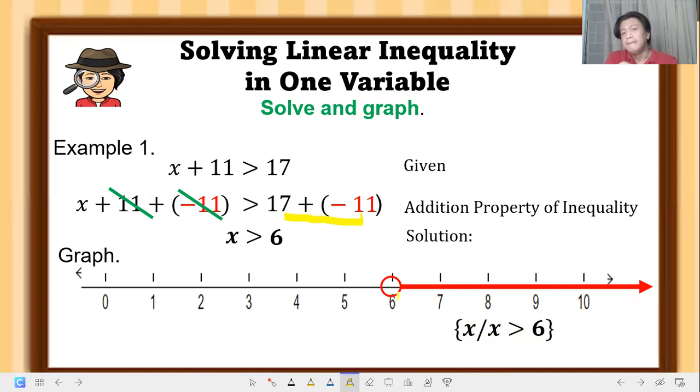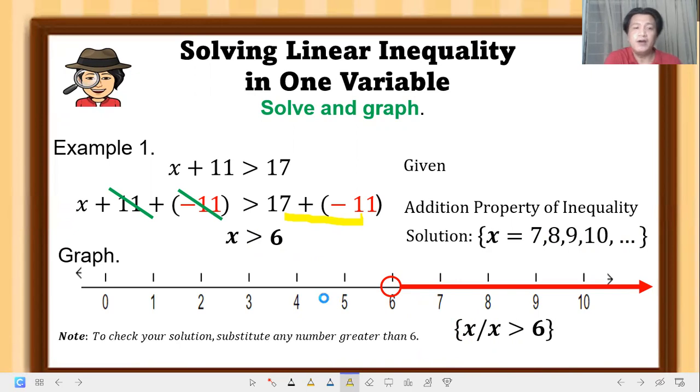Take note, kapag ang symbol natin is less than or greater than, naka-encircle lang po ito. Hindi po siya naka-shade. Kasi hindi po kasama sa solution set ang 6 dito. Ibig sabihin, start tayo ng 7, 8, 9, 10, and so on and so forth. Infinite na yan. Okay? To check your solution, just simply substitute lang natin any greater than 6, no?